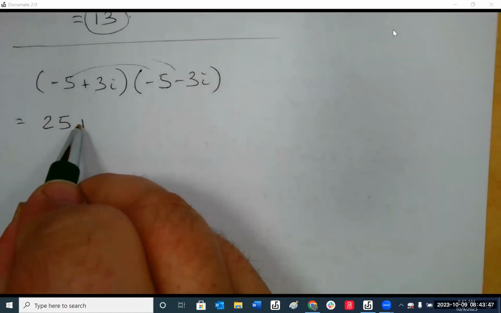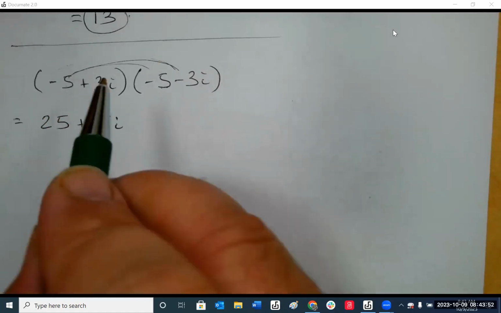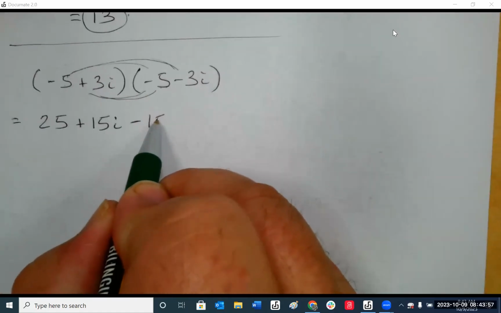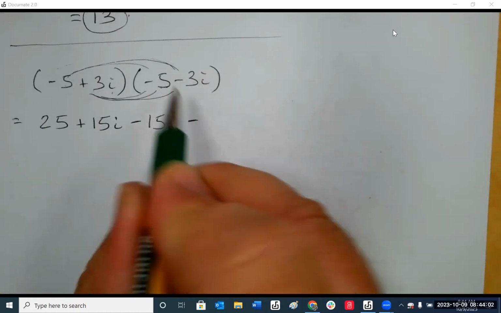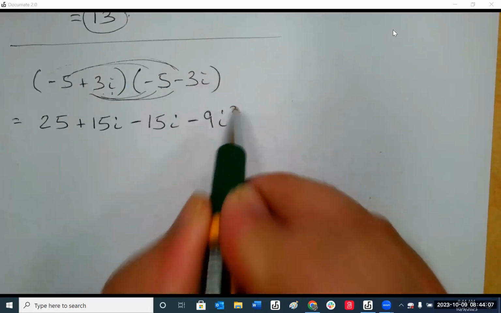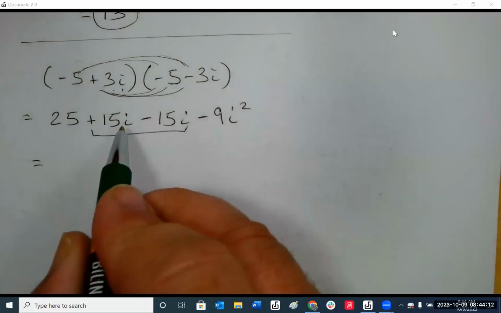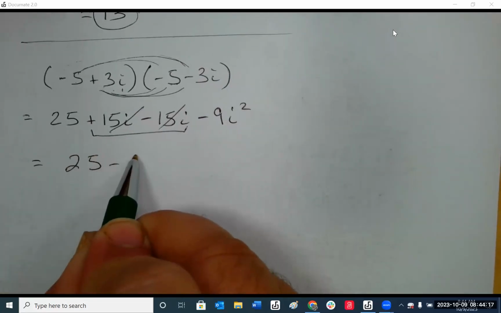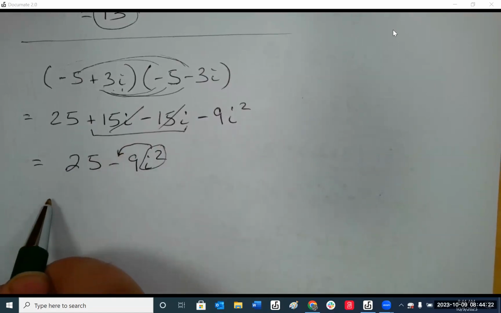Negative times negative is positive. 5 times 3 is 15i. Positive times negative is a negative. 3 times 5 is 15i. Positive times negative is a negative. 3 times 3 is 9. i times i is i squared. The middle terms are opposite, so they cancel. i squared changes that sign in front of it.